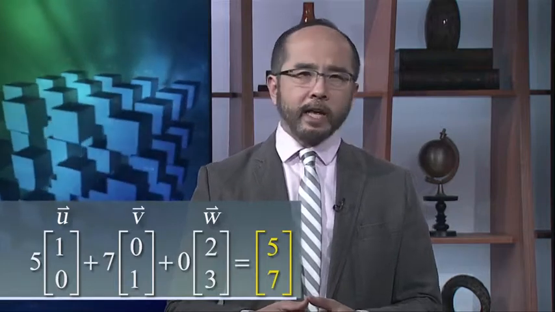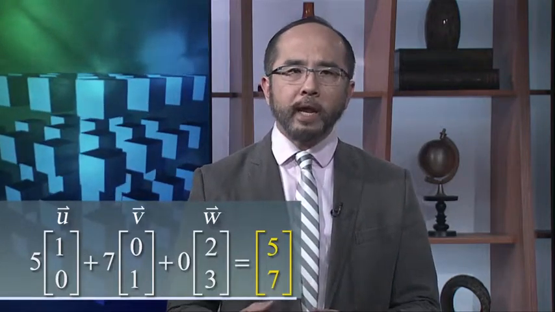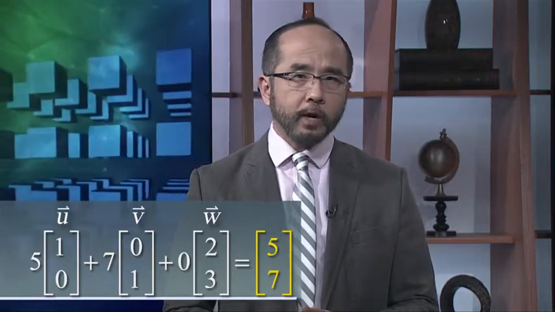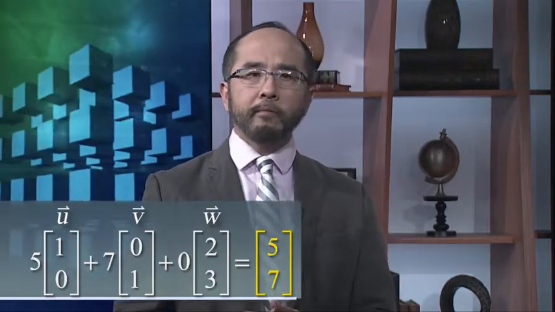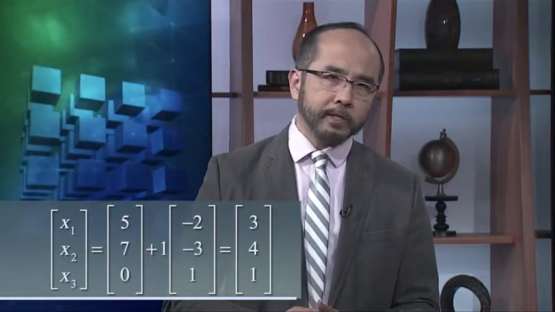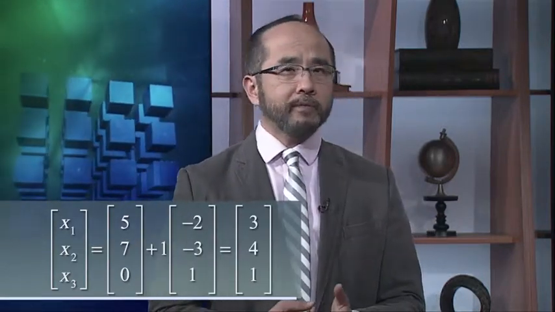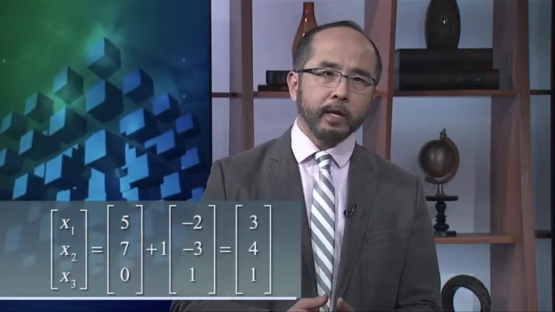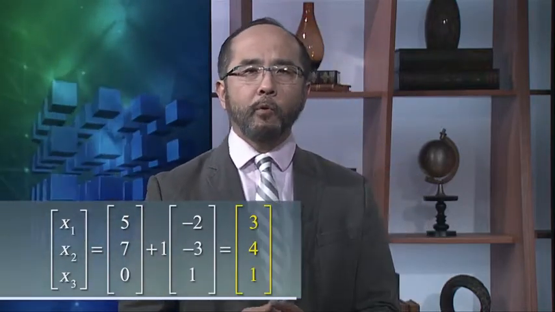So if I want to get 5, 7 using 1 as a coefficient for the vector w, then I'll need x3 equal to 1. So then, x1, x2, x3 equals 5, 7, 0 plus 1 times minus 2, minus 3, 1 equals 3, 4, 1.